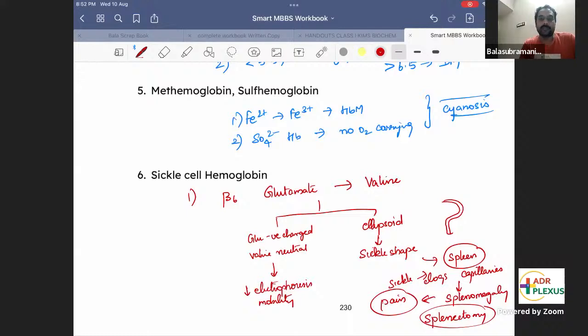So there's no other option. But what is the medical management? Is there any drug that can reduce sickling? There is a drug called hydroxyurea, which can reduce sickling. Rx means treatment. So we write Rx, you will learn that in pharmacology.